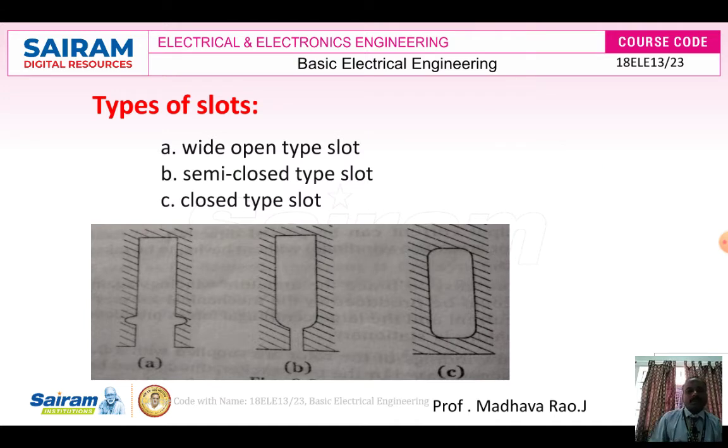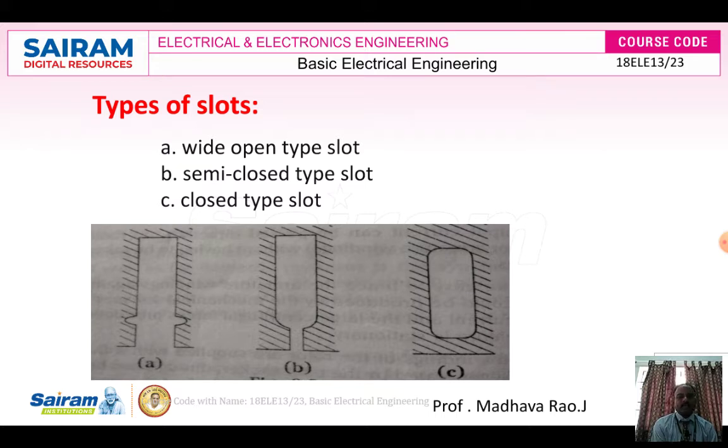Next one, the semi closed type. The disadvantages of the wide open type slot can be eliminated in this second type, so this type of slot is what we use majorly in synchronous generators. Next, closed type slots have some disadvantages.